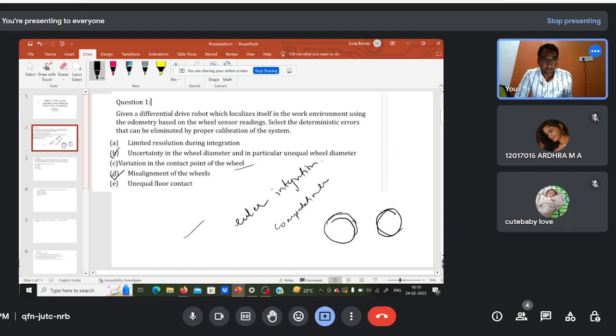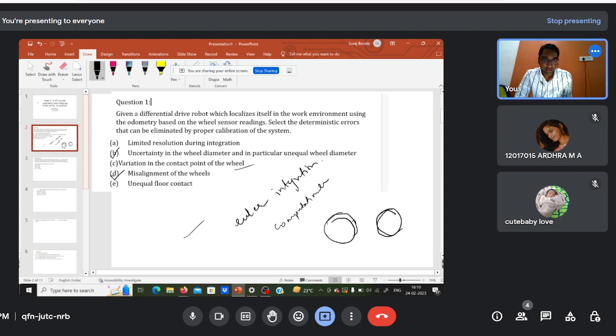Given a differential drive robot which localizes itself in a work environment using the odometry based on wheel sensor readings. Here wheel sensor means the encoders, obviously. Select the deterministic errors that can be eliminated by proper calibration of the system. When we say deterministic, it's something that we can predict accurately what is going to happen, and such errors.